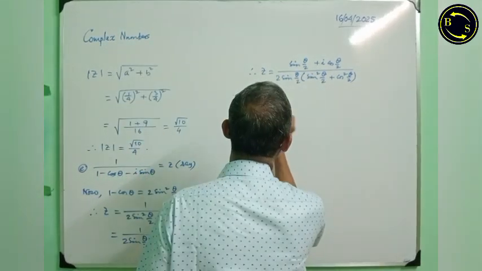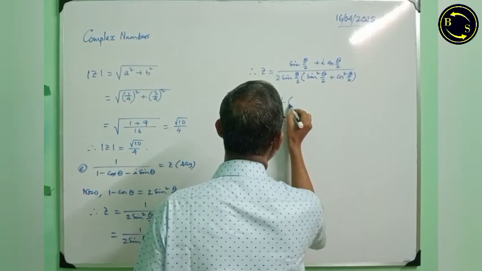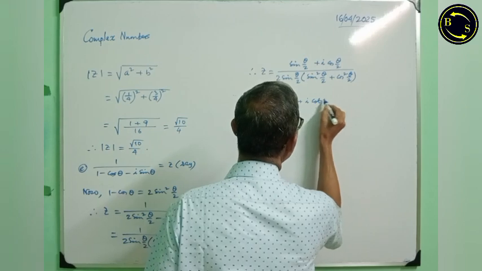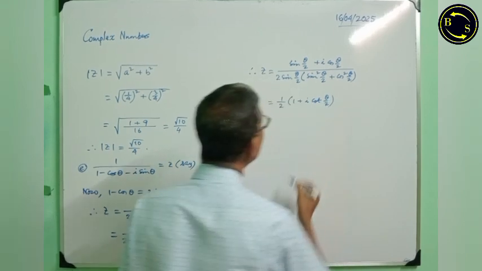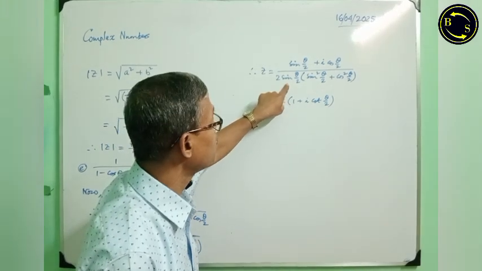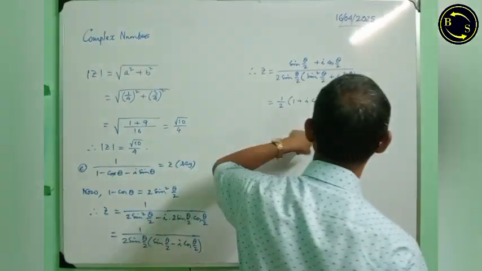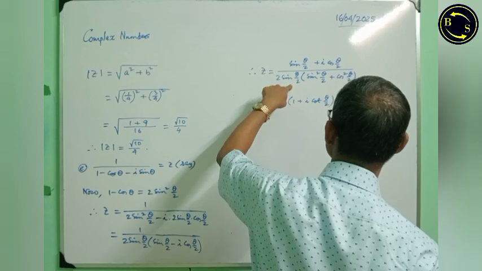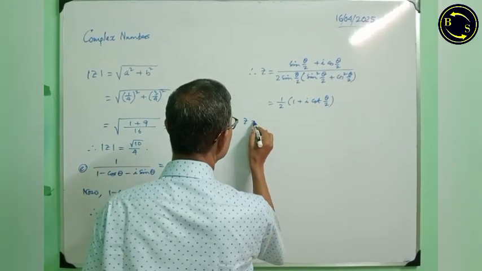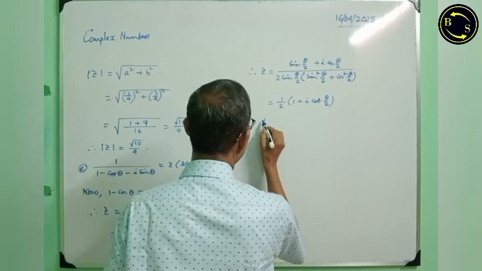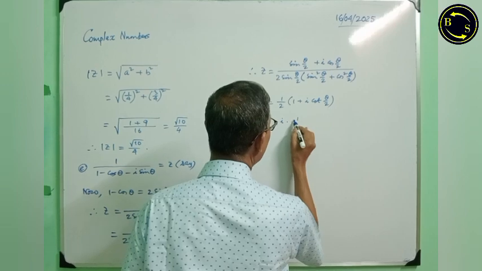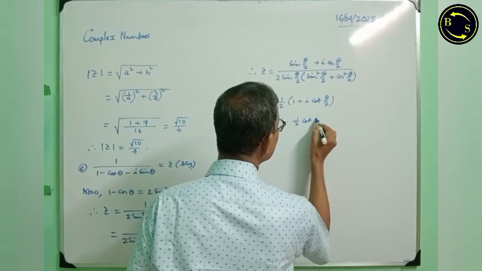Therefore, sin theta by 2 by sin theta by 2, that is 1, plus i into cos theta by 2 divided by sin theta by 2. Therefore, z equals half plus i into half cot theta by 2.